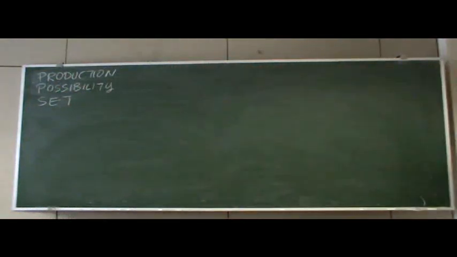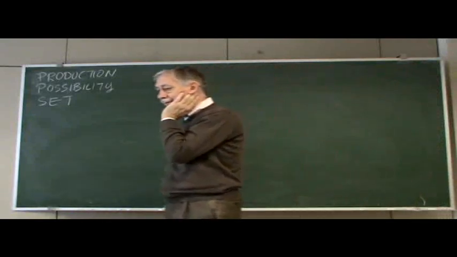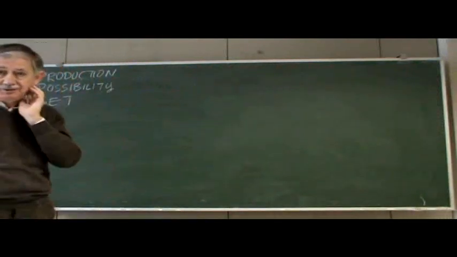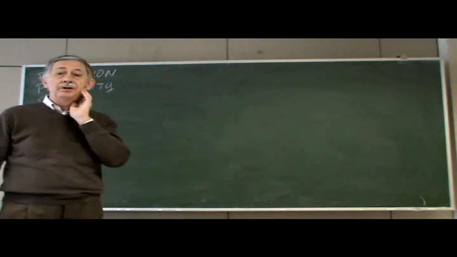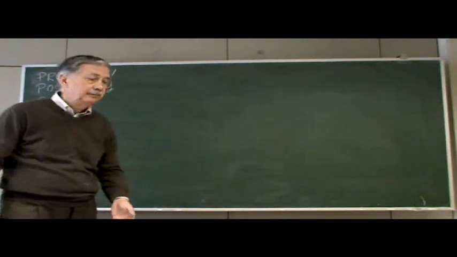Well, it is simply the set of all the possible vectors of goods which can be made available by means of production.